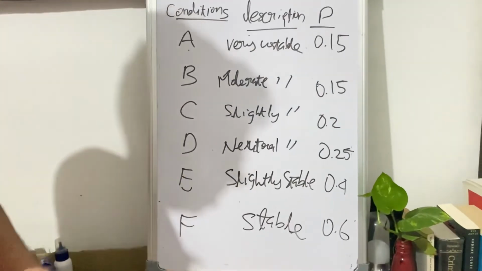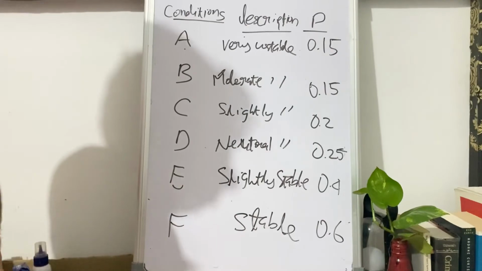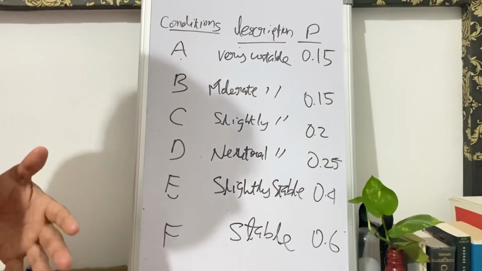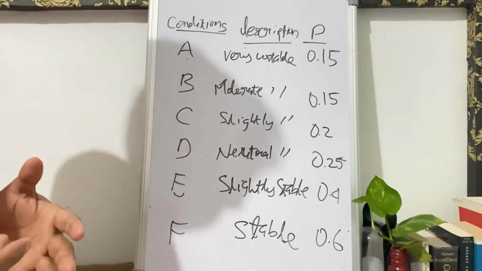And in the D condition, the P factor is 0.25 and the description of that condition becomes neutral.